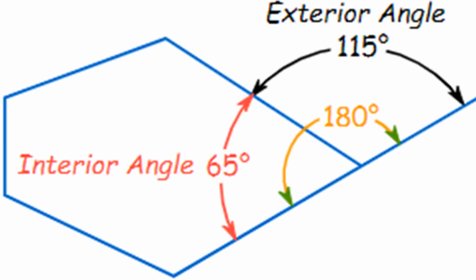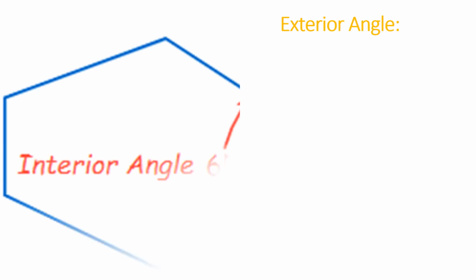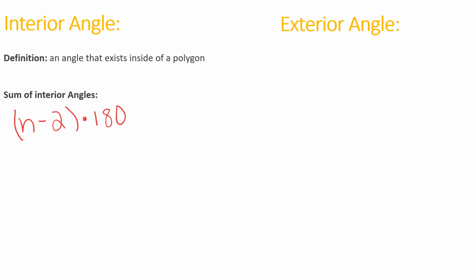So now we're actually going to have some formal definitions and some theorems or formulas for them. The formal definition of an interior angle is an angle that exists inside a polygon or a shape. We're going to need to know how to find the sum of interior angles. So just like the sum of all the angles added together in a triangle are 180, we're going to have a formula now to find how many degrees are inside of a polygon, or one with many sides.